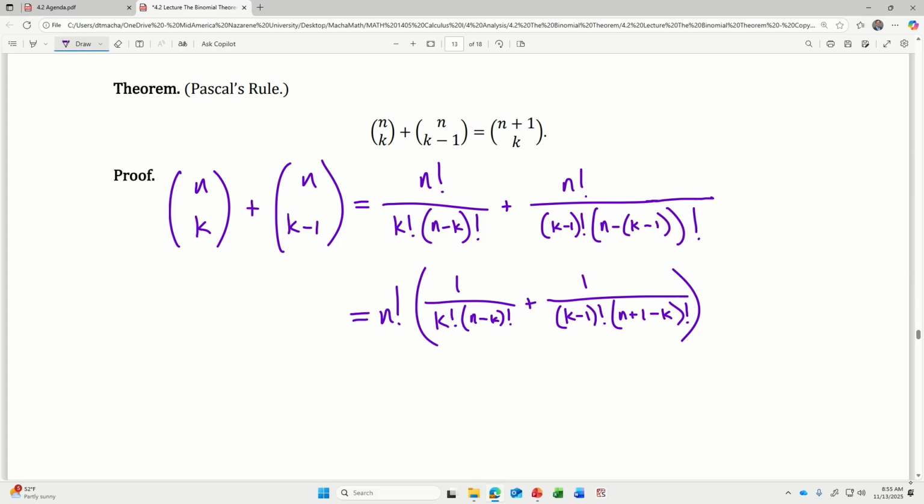Now I'm adding 2 fractions, and anytime I'm adding 2 fractions, I want to find a common denominator. So in the next step, my goal is to find a common denominator.